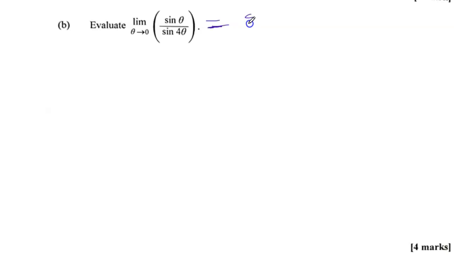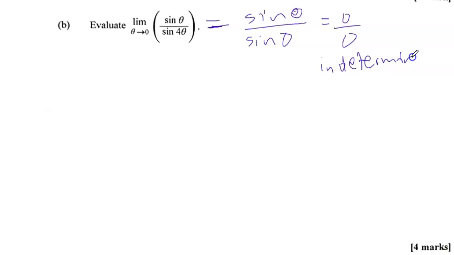So we have sine 0 over sine 4 times 0, which is sine 0 over sine 0, which is 0 over 0, and we say this is indeterminate. So we have to try something else, so we don't accept 0 over 0 as our solution.